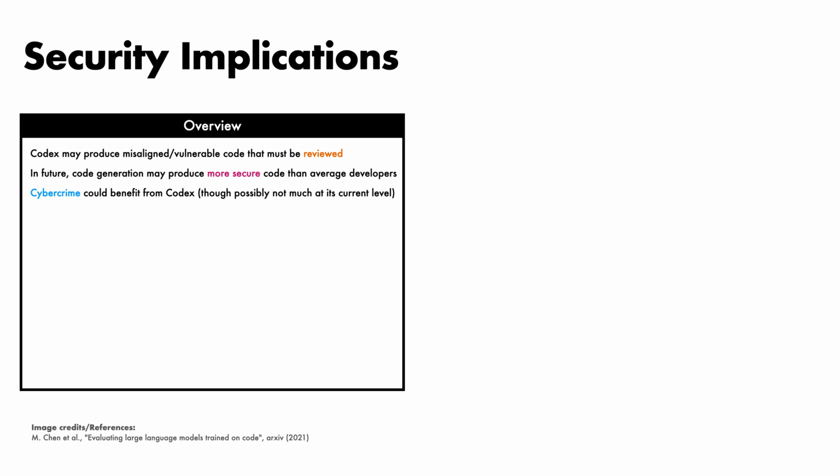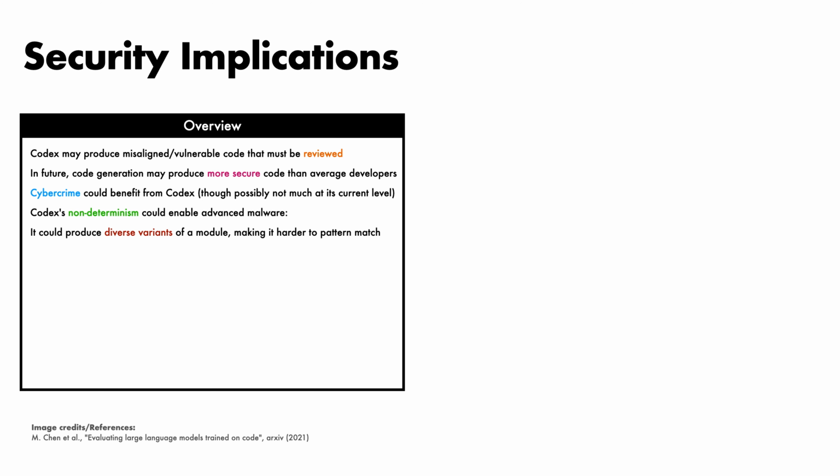Cybercrime software development could benefit from Codex, though the authors make the assessment that at its current level of ability, it does not significantly lower the barrier to entry for malware production. However, it is possible that Codex's non-determinism could enable production of advanced malware by generating diverse variants of a code module that have the same functionality, making it harder for defensive software to pattern match against it.